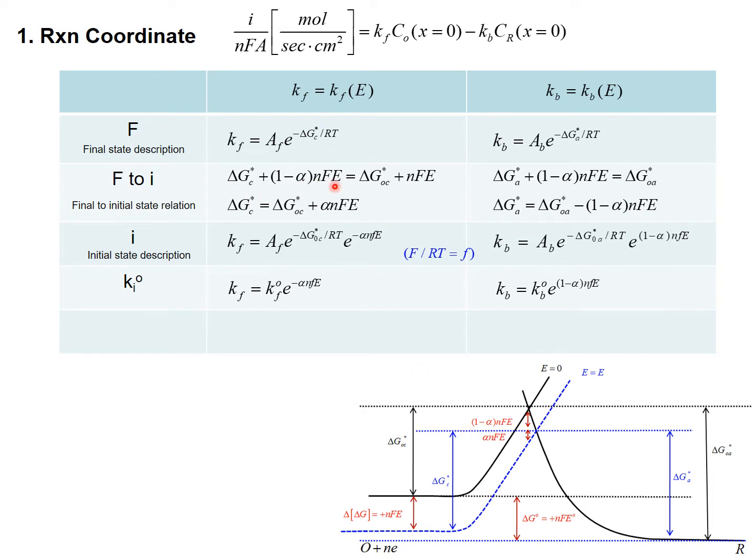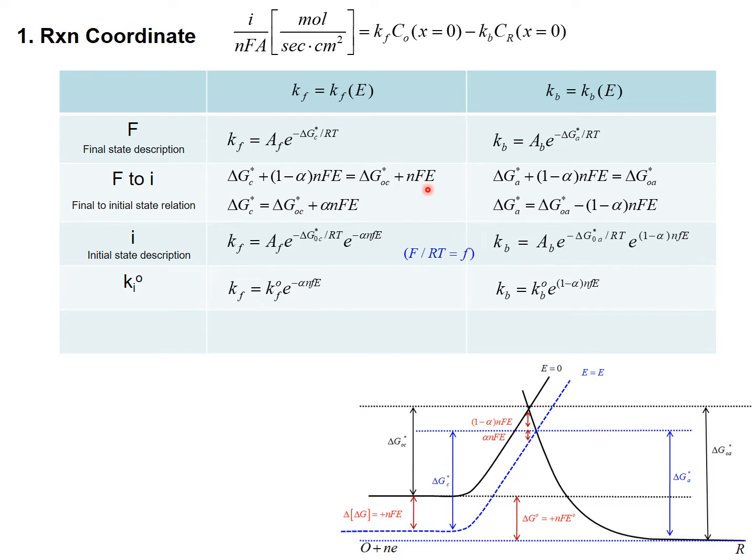From the viewpoint of the initial state, here the initial state indicates the state before you have applied the potential to the system, this length is the summation of delta G O C star here plus NFE.